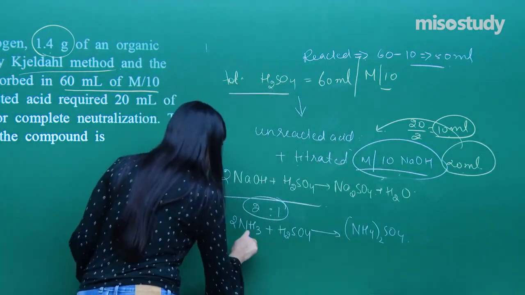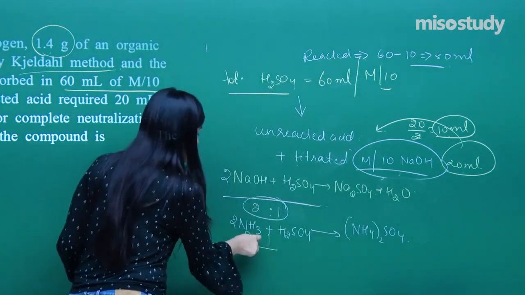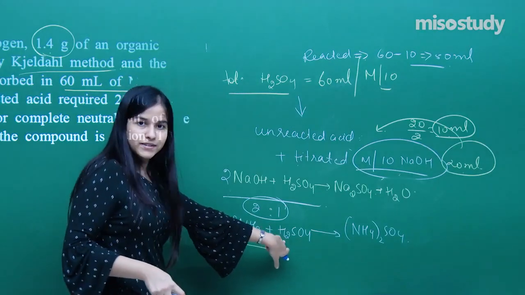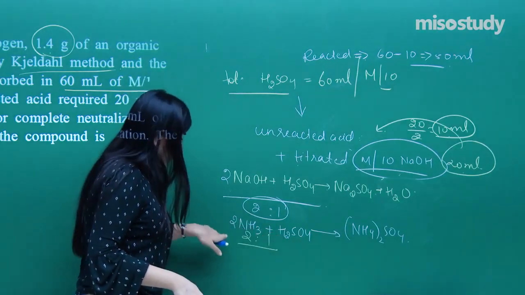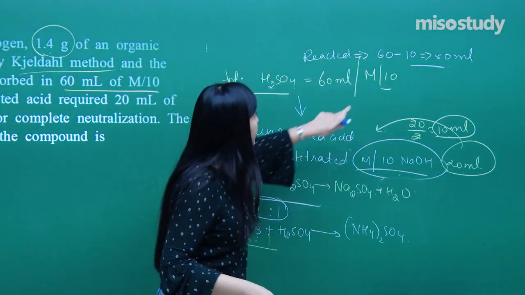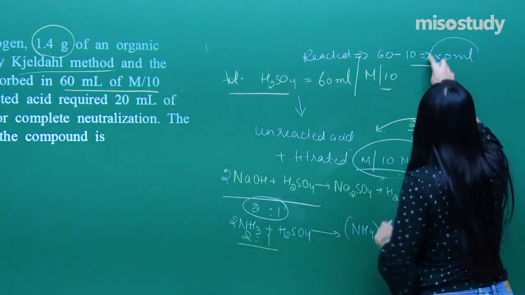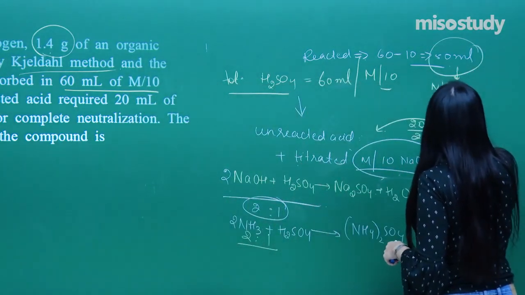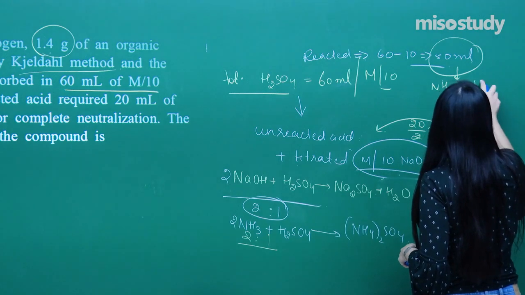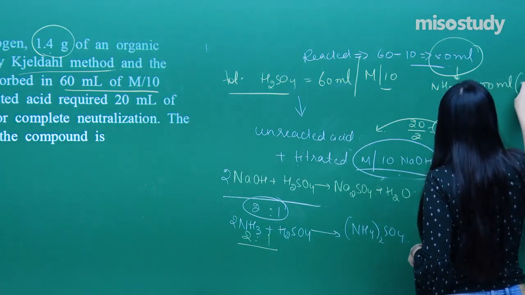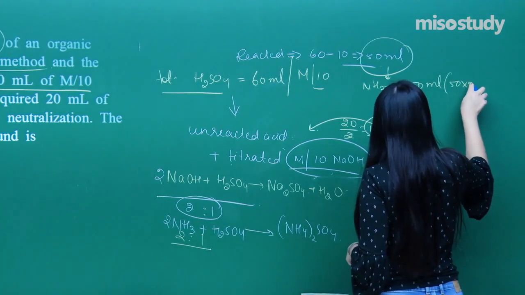So here again a 2:1 ratio. That means the amount of NH3 will be twice the amount of H2SO4 that was reacted, that means 100 ml, right? 50 into 2.